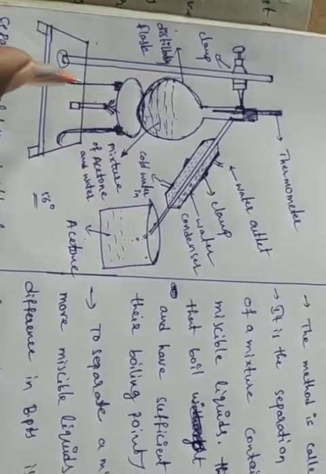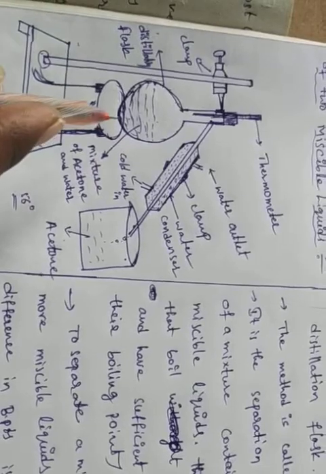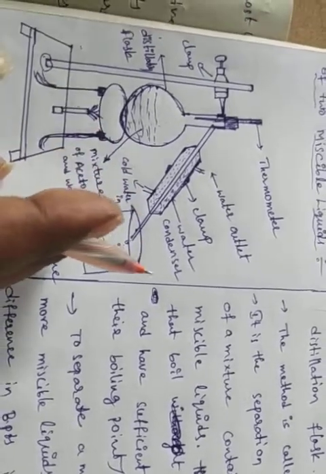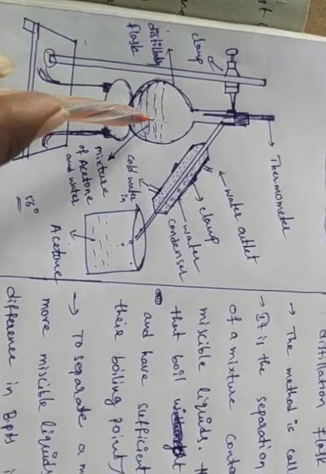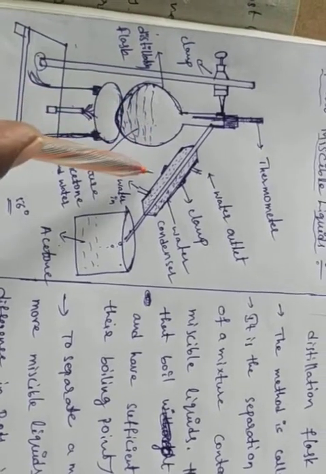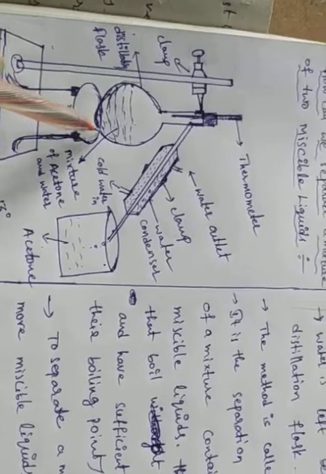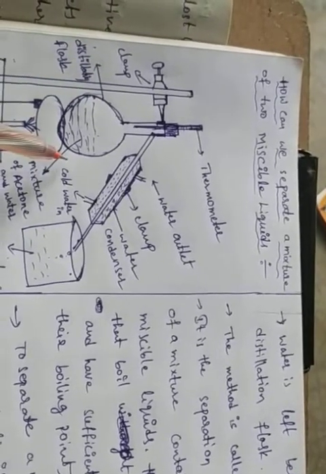Suppose there is only a small difference, how can we separate? If the boiling point difference is small, we have to use a special method called the fractional distillation process.